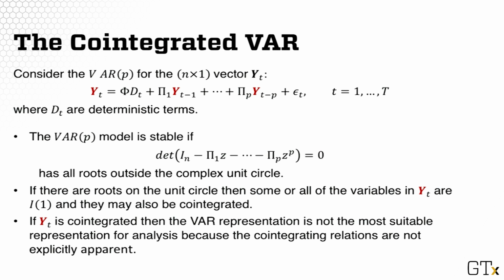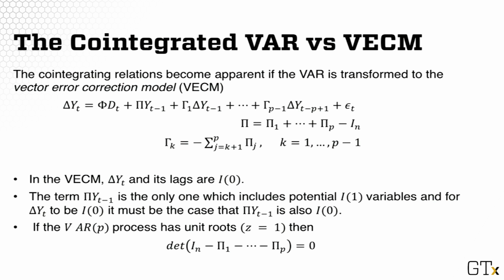If yt is cointegrated, then the VAR representation is not the most suitable representation for analysis because the cointegrating relationships are not explicitly apparent. The cointegrating relationships become apparent if the VAR is transformed to the vector error correction model, abbreviated as VECM.